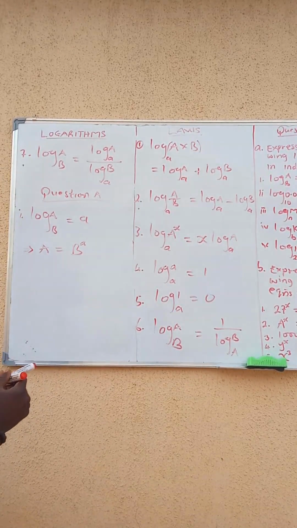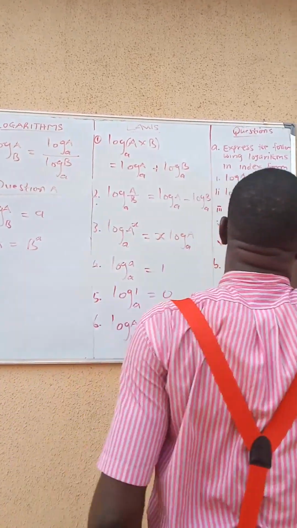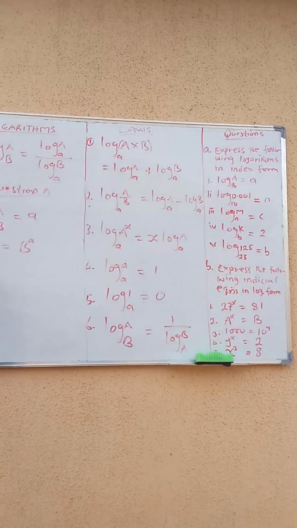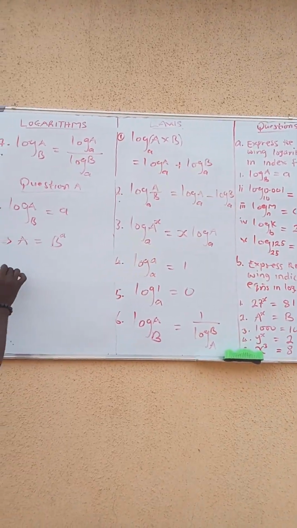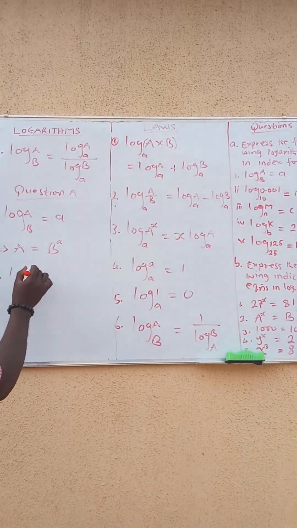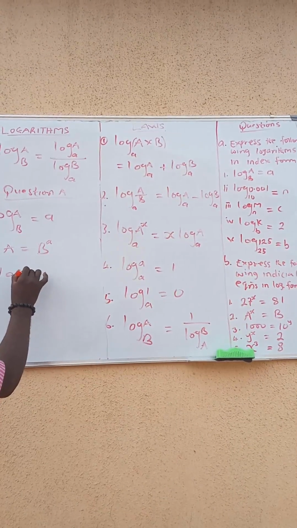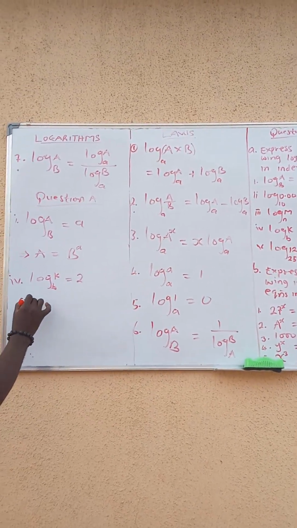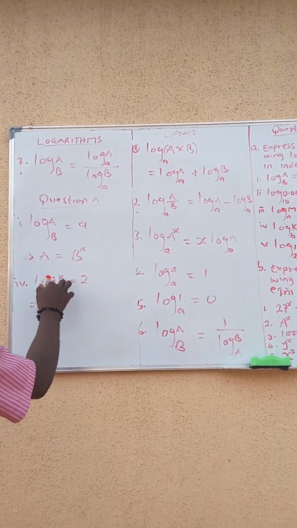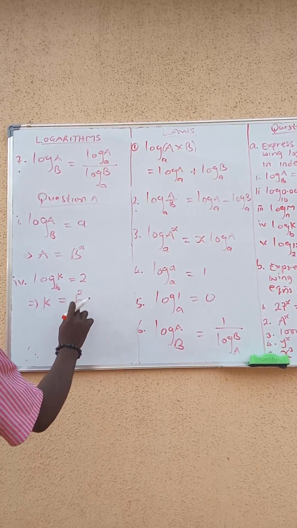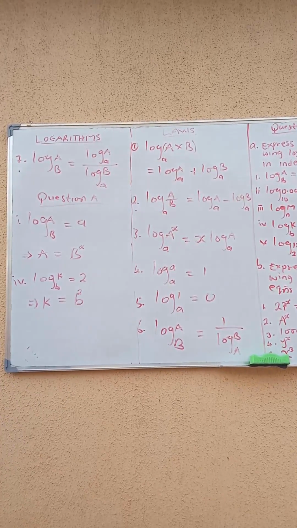Roman numeral IV: given that log K to base B is equal to 2, it implies that the index form is K is equal to B raised to the power of 2. That is that about that.